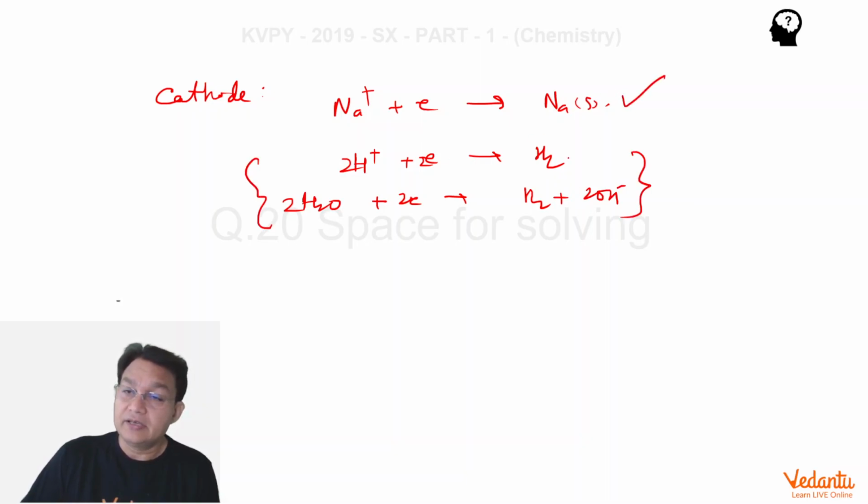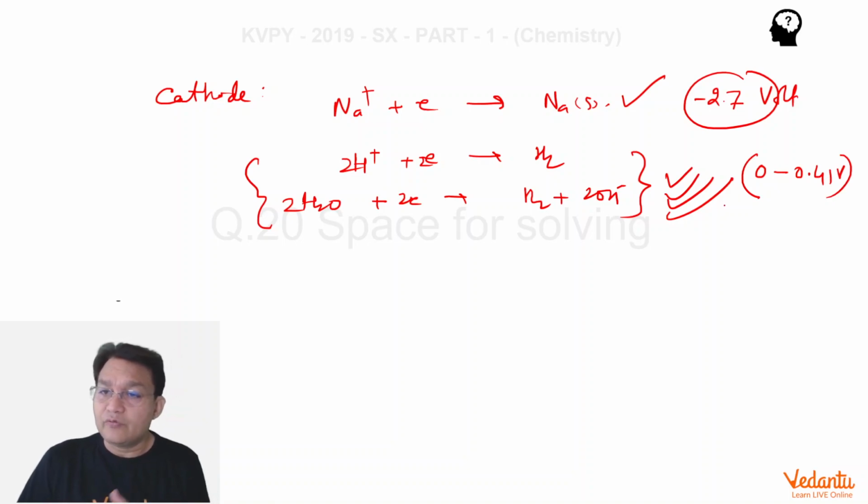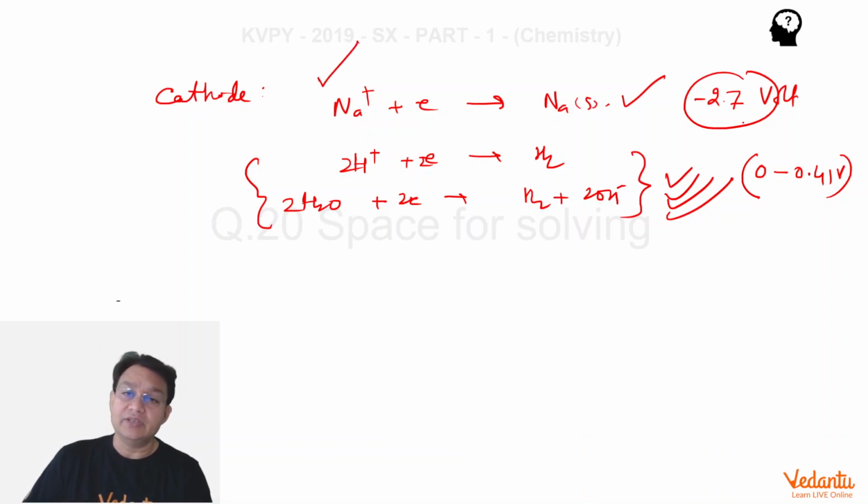But here the hydrogen process is favorable because the reduction potential of Na+ is very negative, approximately -2.7 volts, and the reduction potential of the other is of the order of 0 to -0.41 volt. So even if there is overvoltage, this could not compete with sodium because there is a huge gap between the reduction potentials of these two.